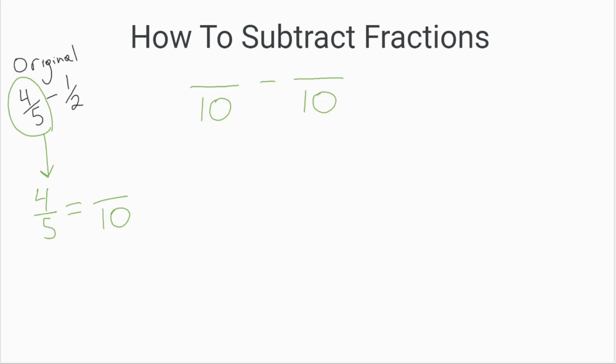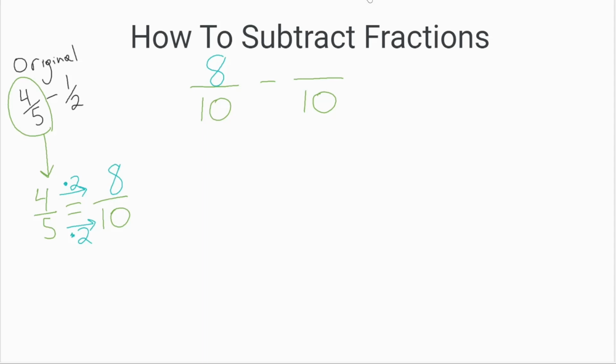The easiest way to do this is to think back, how did we get from 5 to 10 in the first place? What did I need to multiply 5 by to get 10? Well, that was my other denominator, 2. And so I need to do the same exact thing up top. I need to multiply this 4 by the 2. That gives me 8. So we found our first unknown numerator.